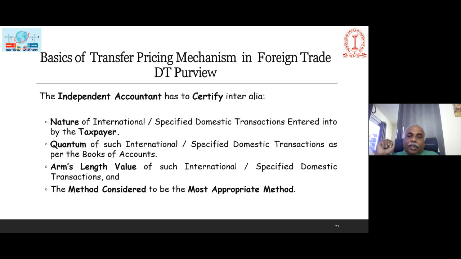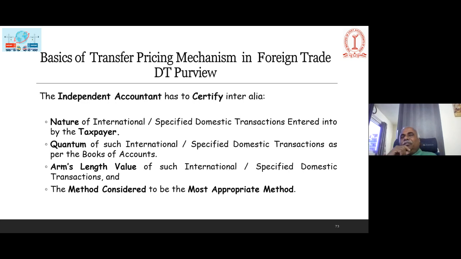The independent accountant has to certify, inter alia, the nature of the transaction, whether it is international or specified domestic by the taxpayer, the quantum of such international or specified domestic transaction as per the books of accounts, the arm's length value of that transaction, and the method considered to be the most appropriate method.